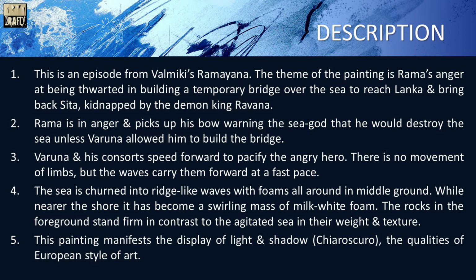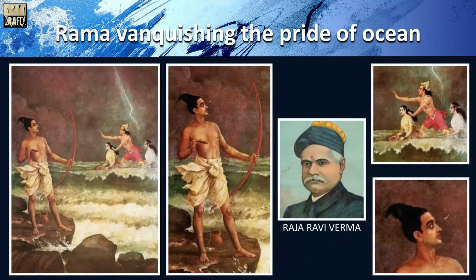The painting manifests the display of light and shadow, chiaroscuro, the qualities of European style of art. This is the painting Rama Vanquishing the Pride of Ocean, done by Raja Ravi Verma.